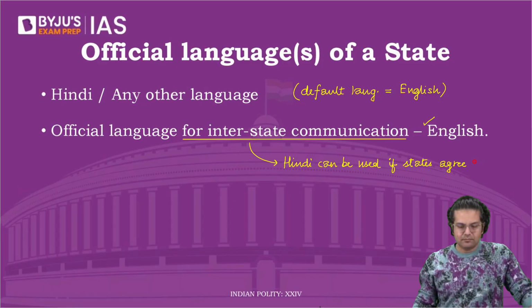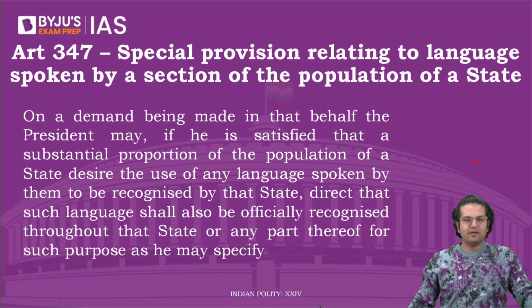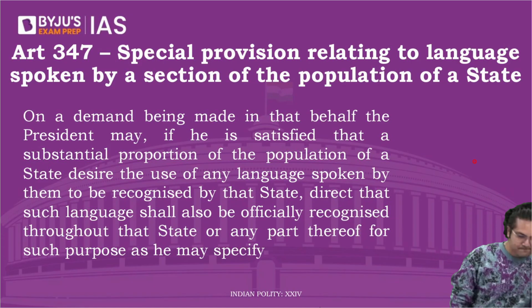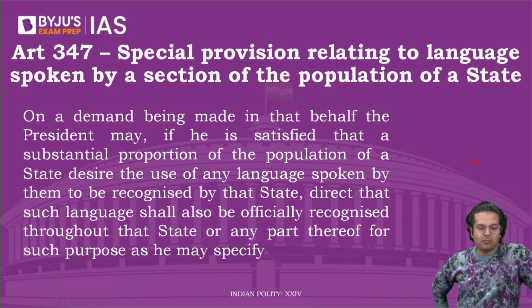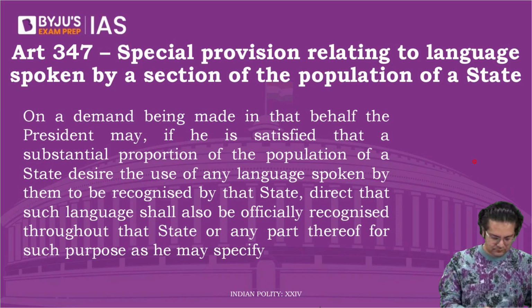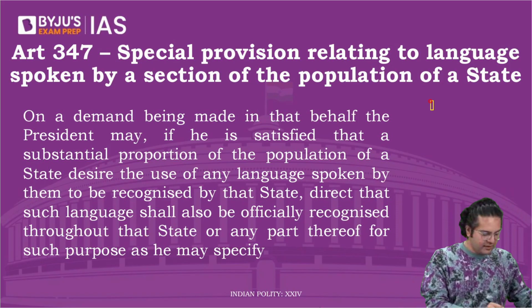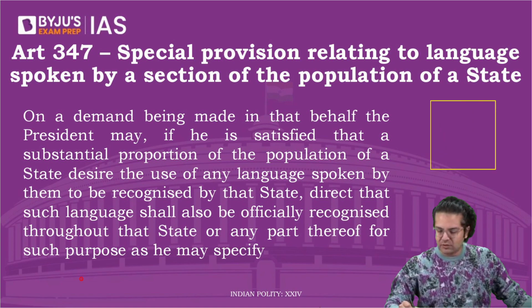Now, Article 347. We have already seen this. Special provision relating to the language spoken by a section of population. Do you remember this? Remember I told you that there is a state, in that state there are some people who are fans of South Korean romantic movies, and then they approach the president.